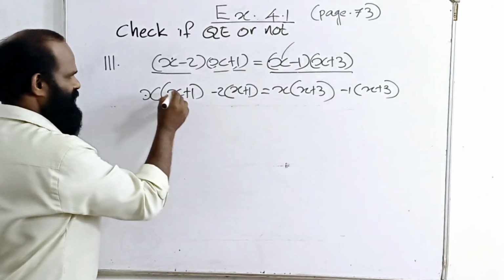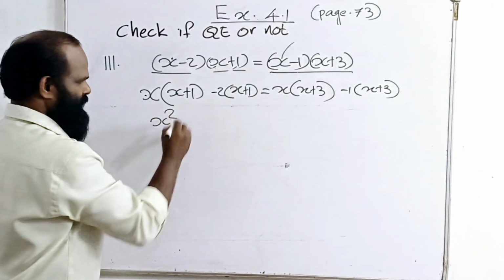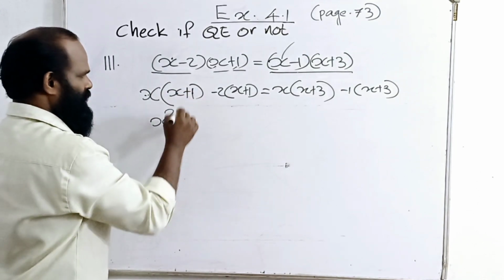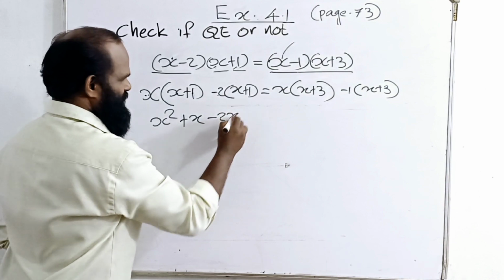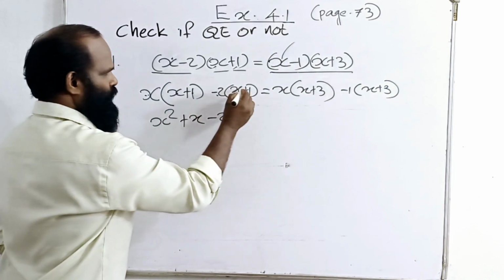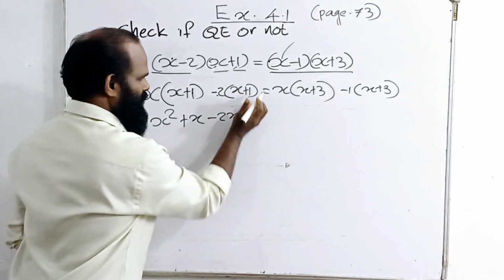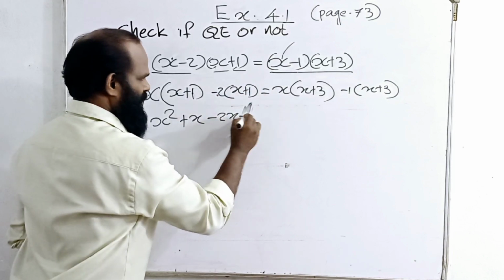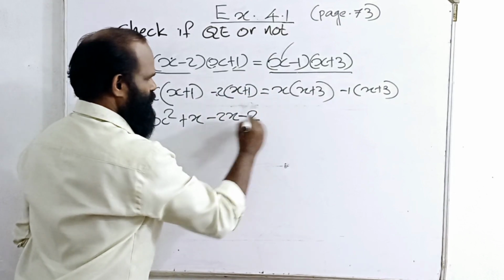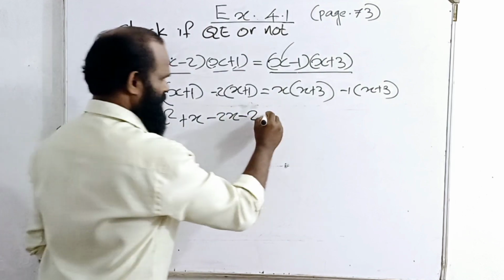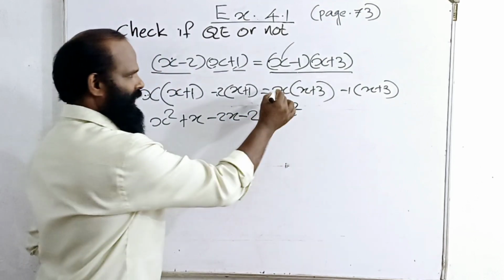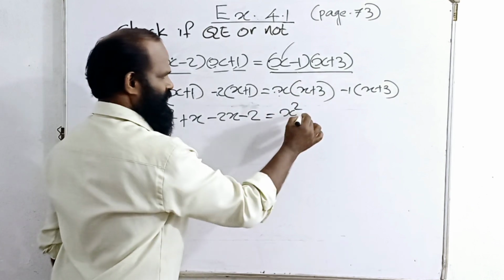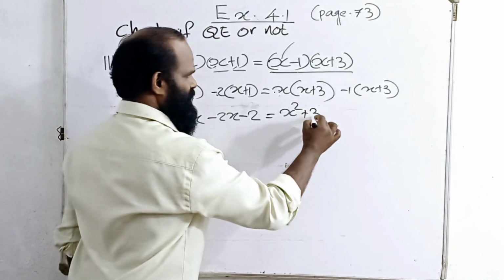Start. x into x, x square. x into 1, x. Negative 2 into x, negative 2x. Negative 2 into 1, negative into positive, negative 2. Over there, x into x, x square. x into 3, positive into positive, positive, 3x.